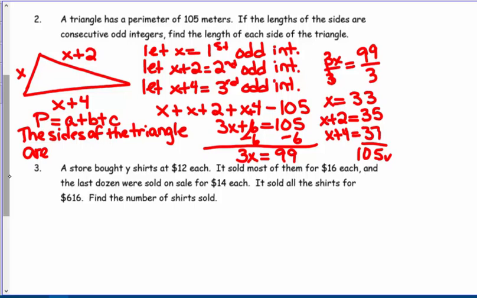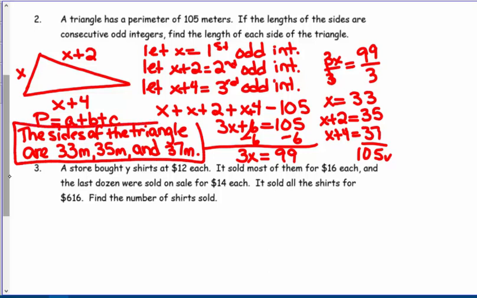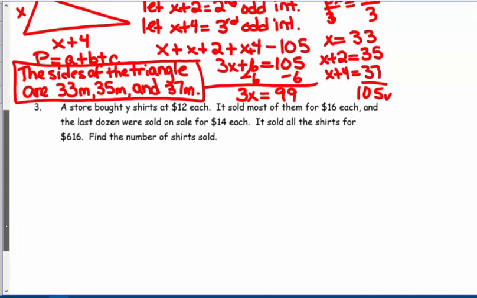What's my label? Meters. Okay. So 33 meters, comma, 35 meters, comma, and 37 meters. Sentence answer box labeled. Sable, sable, sable. Want to be literate with our mathematics.